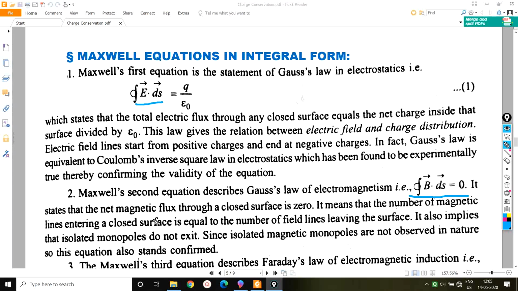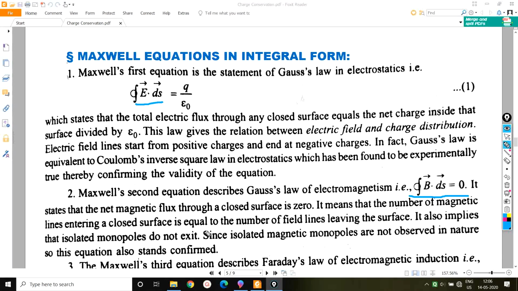So the statement is that the net magnetic flux through a closed surface is 0. This is Gauss's law of magnetism. Why is it so? Because the number of magnetic field lines entering a closed surface is equal to the number of field lines leaving the surface.